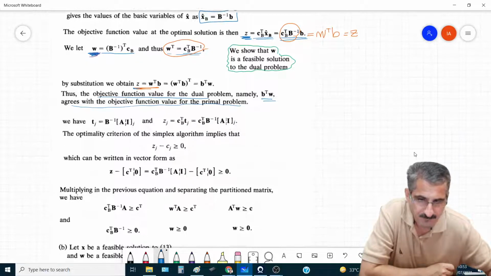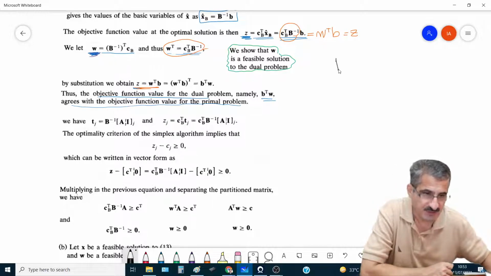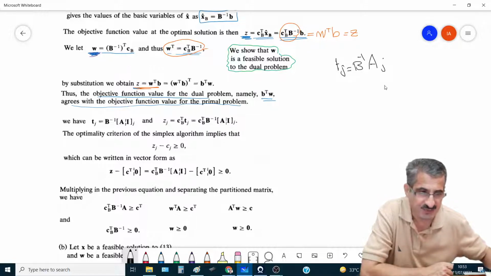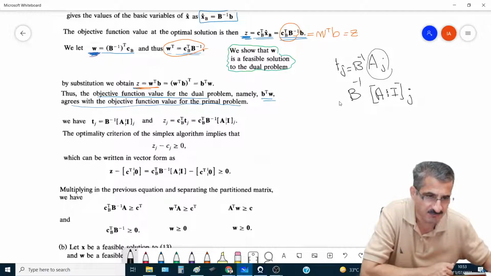Good. Now, remember that Tj, we wrote Tj equals B inverse Aj, right? Now our matrix A is the one we introduced already. So we take column j of this matrix and multiply it by B inverse, and then we get Tj.